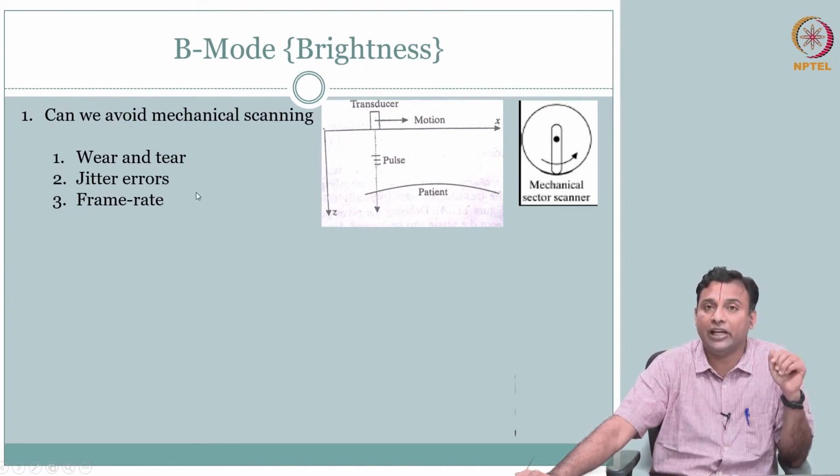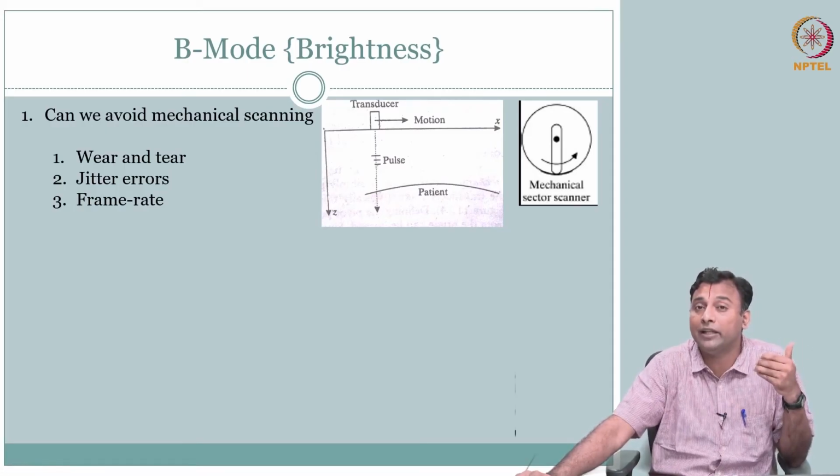So all that is a challenge. So ideally we want to avoid this mechanical scanning, that way maybe we could do better on all these problems. We should be able to eliminate all these problems to the best possible extent. Okay, so that is to do with just the mechanical design aspect or articulation.